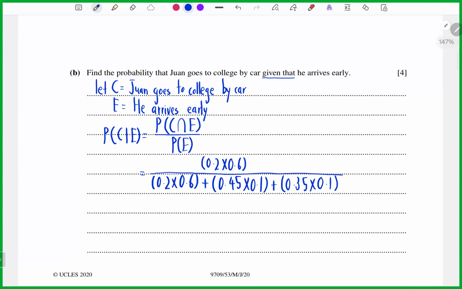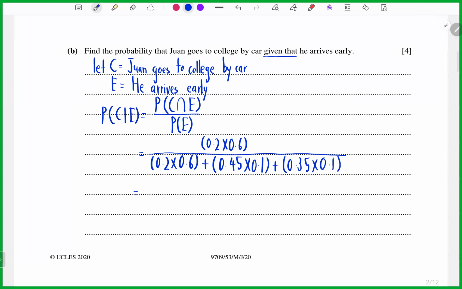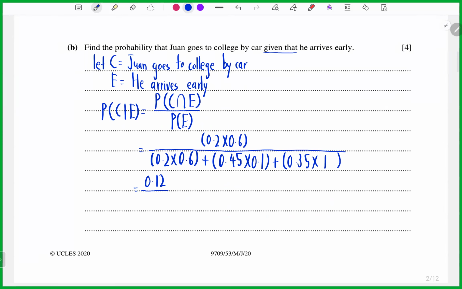So you will get the answer. 0.2 multiply 0.6 you will get 0.12, over bracket 0.2 multiply 0.6 plus 0.45 multiply 0.1 plus 0.35 multiply, actually it's not 0.1, actually it is 1. So 0.35 multiply 1, which gives 0.515.